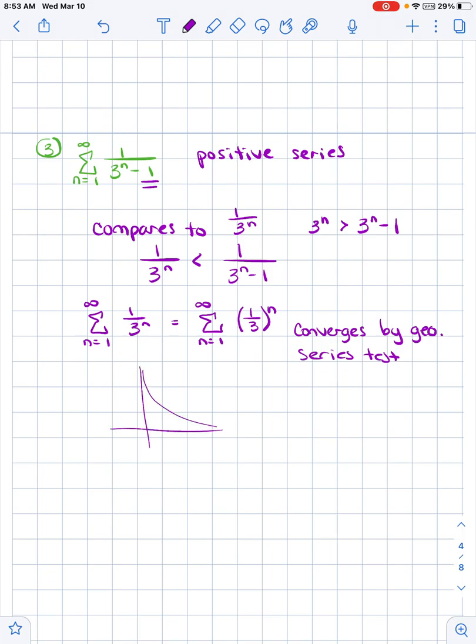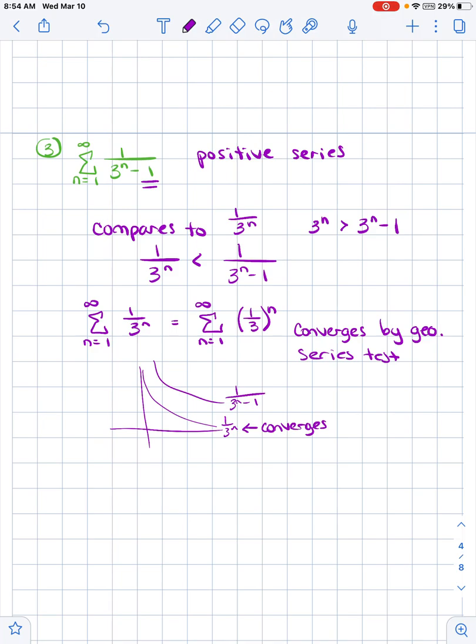All right, if we graph this then, I said that 1 over 3 to the n is smaller. So here's 1 over 3 to the n and 1 over 3 to the n minus 1. So we know that this one converges, but we have a problem here. This is one of our inconclusive tests from up above.